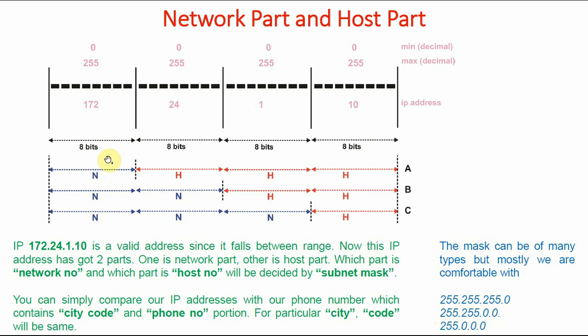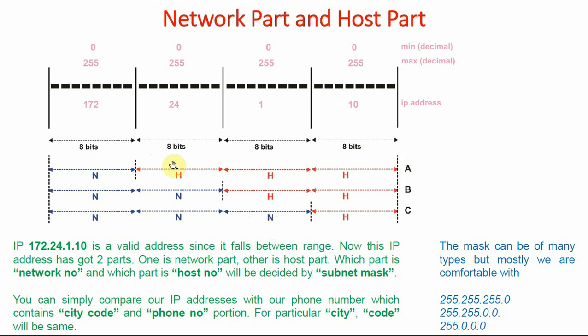That means your network portion could be this and your host portion could be this. Or in the second case, these two octets could be your network part and this could be your host part. And in the third case, these three octets represent your network, where we denote the network with N, and this is your host.